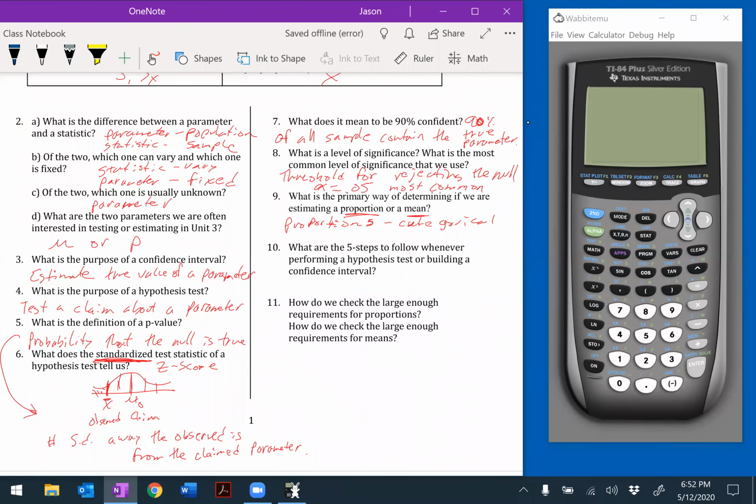It's like, 5 out of 10 dentists prefer Crest. Well, Crest is not a numerical or quantitative value. Crest is a type of toothpaste, and so proportions are categories. That 5 out of 10 is like, 5 out of 10 people think whatever. That's a category. It's not numerical.